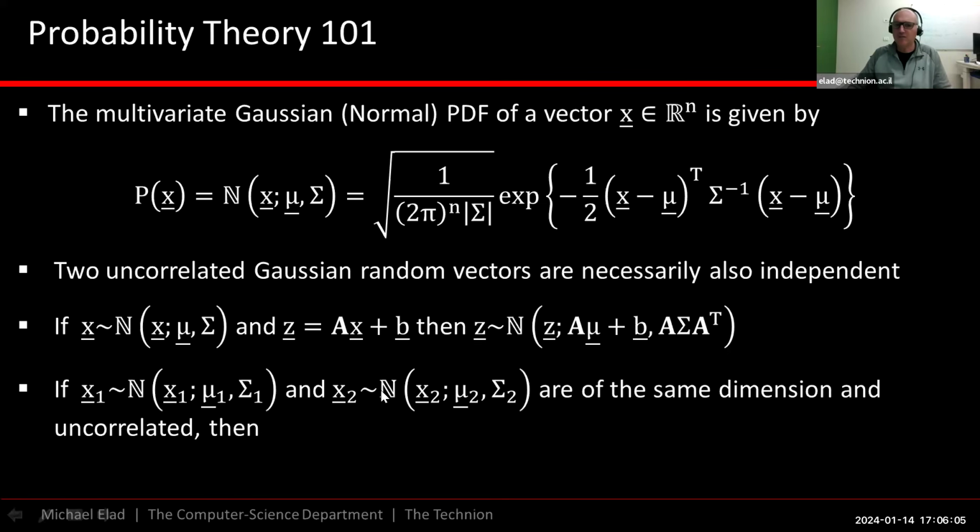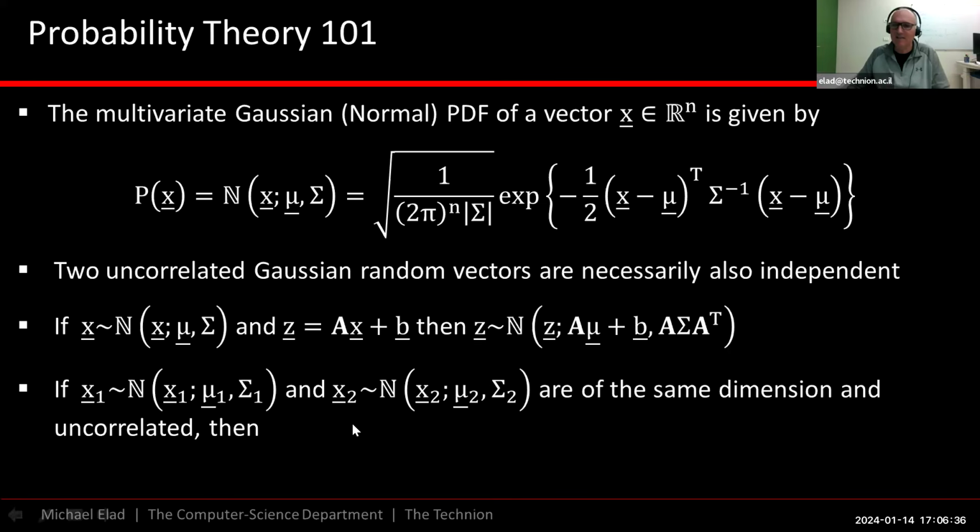If you have two vectors, x1 and x2, of the same length, and they are independent or uncorrelated, who cares? It's the same thing. And you are summing them up. What will you get as the distribution of the sum? What do you think? I'm summing two random vectors that are both Gaussian and independent of each other. What am I getting?